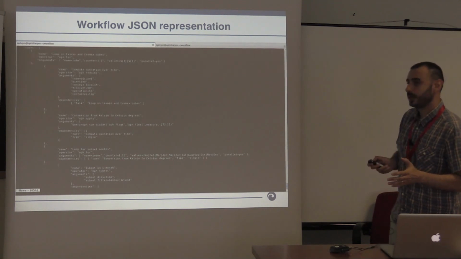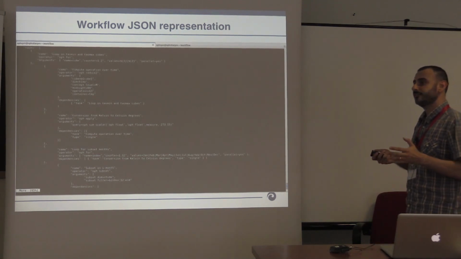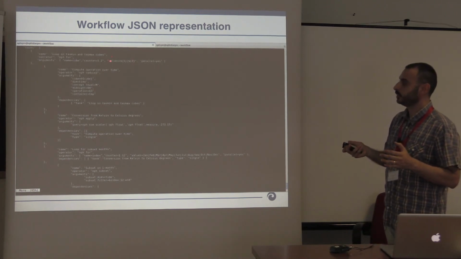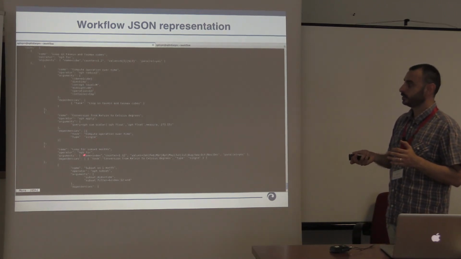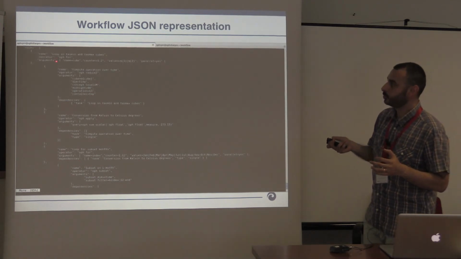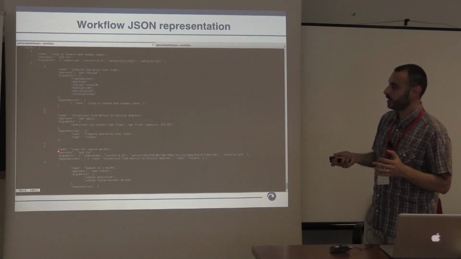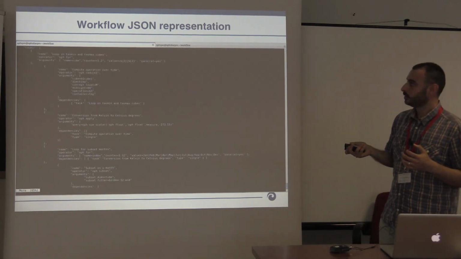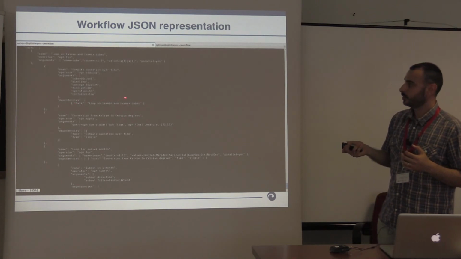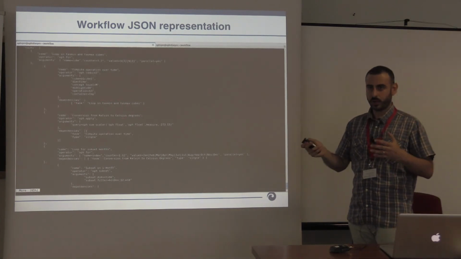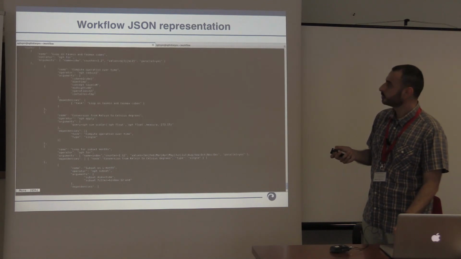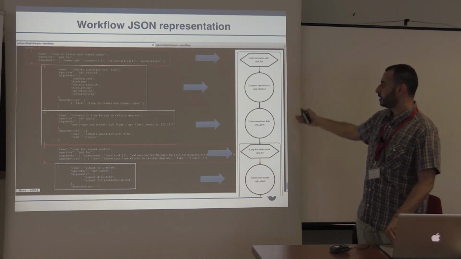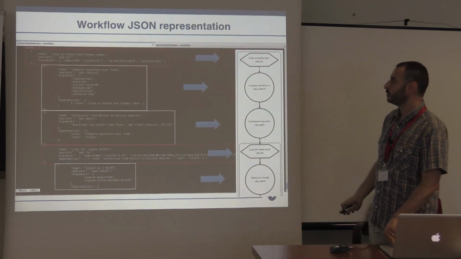From a system perspective, a user can define his own workflow using a JSON file like this, in which a user has to define all the tasks he wants to perform, defining also the dependencies between the different tasks. So this is a visual representation of the same workflow.